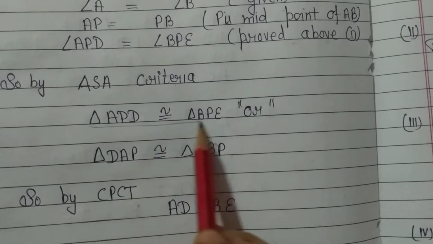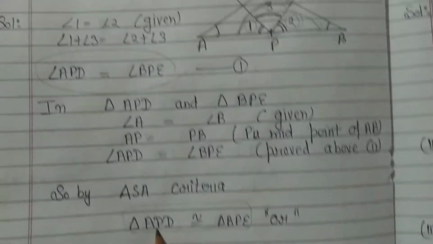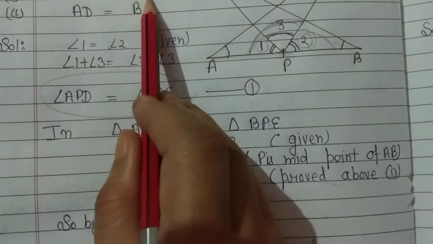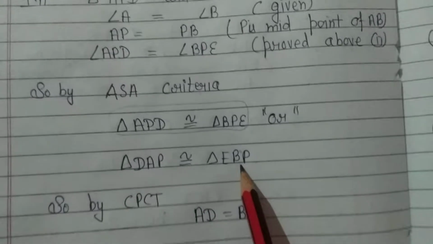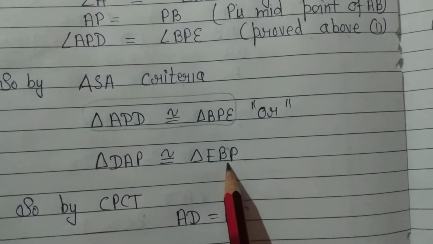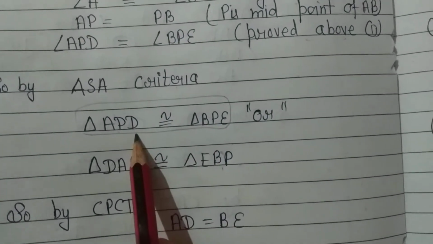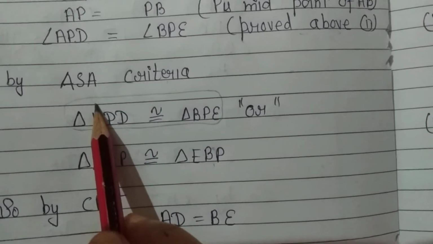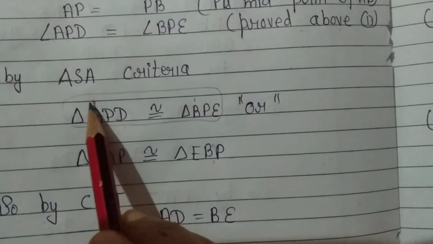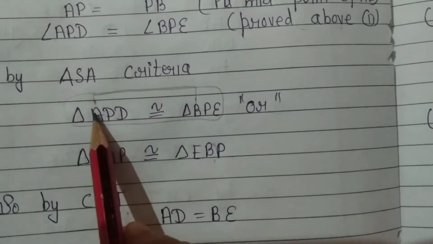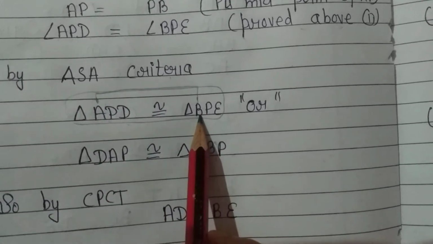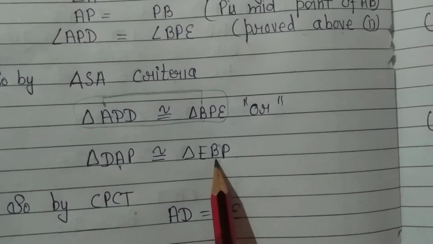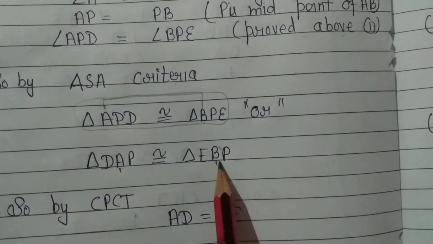I have written the name of the triangle by myself, but according to the given it was DAP EBP, so I have written it again. But according to the correspondence I have written correct. For A, corresponding is B. See, for A corresponding is B, so here also I have written A and B in between.